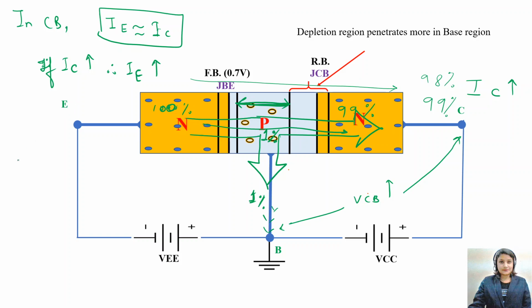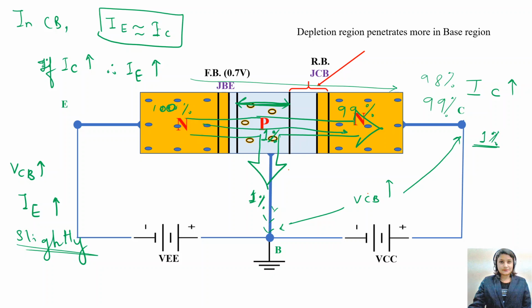So directly I can say if VCB is increased, your emitter current also increases. But does it increase largely? No, it increases slightly, because there is a difference of only 1%, not a big difference. So the emitter current increases slightly.